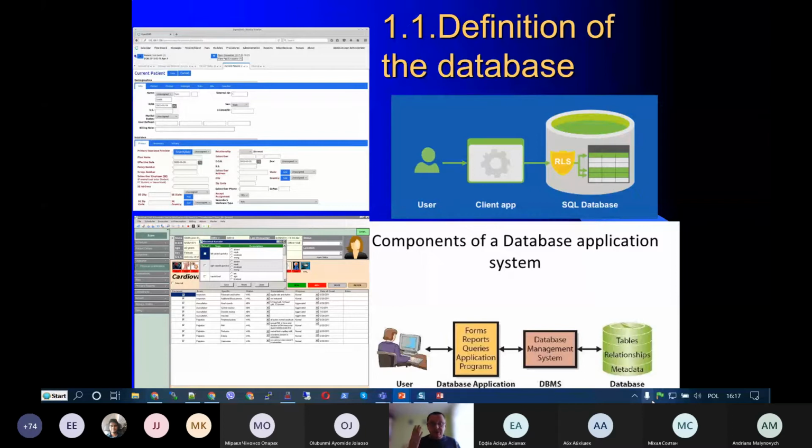So we have a user who deals with some client application, no matter whether it's a desktop or web application, and that application is used for visualization of data, to provide a user interface for data entry, and to access or modify data which is already stored in storage, and the storage is a database.